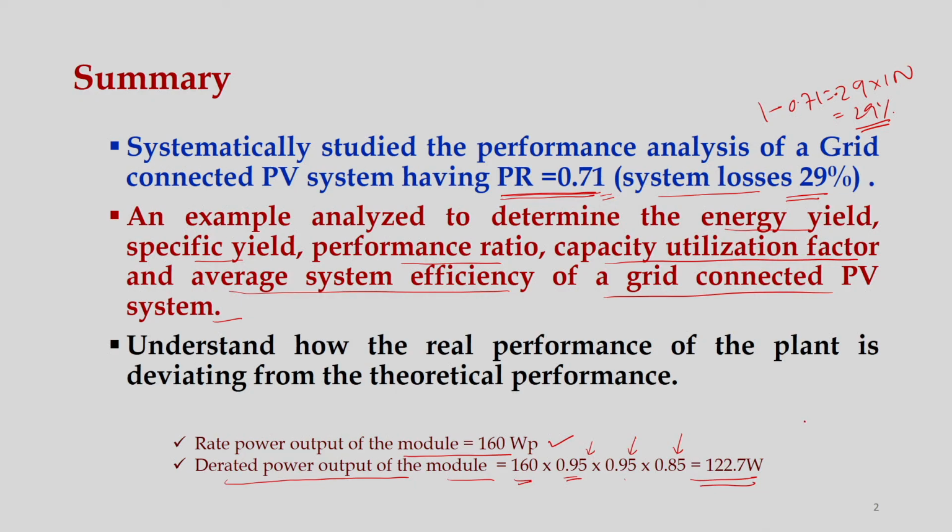You see the difference. So, we started with 160 watt peak and what we got is 122.7 watt. So, that is how we are getting a very reduced amount of power generation. These parameters are very, very essential while designing a grid connected PV system.